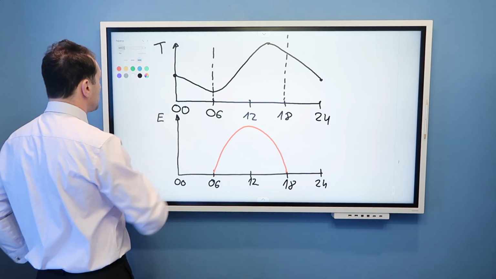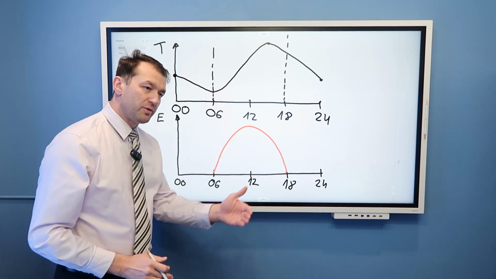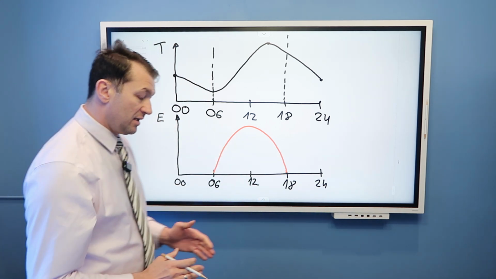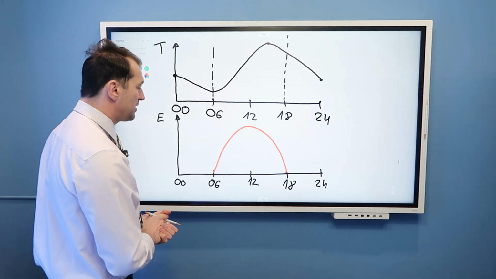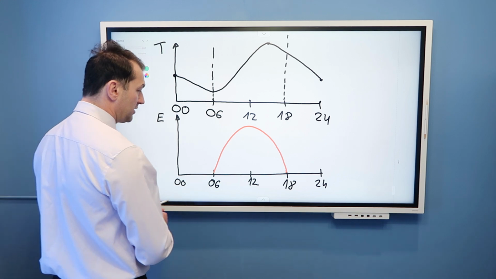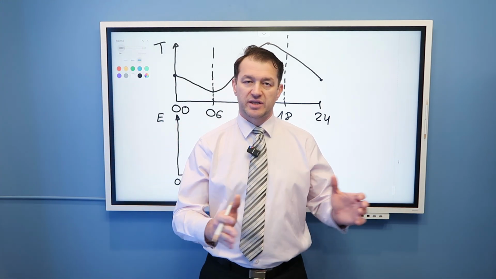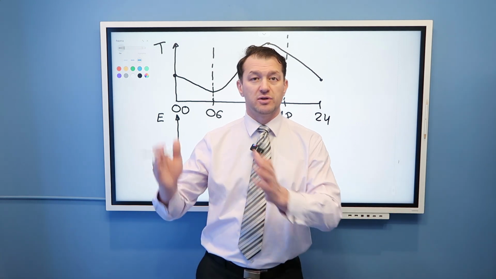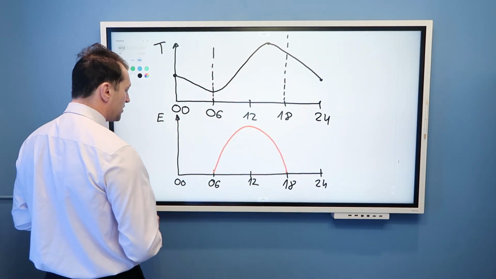Now the next question is, this energy is absorbed by the Earth's surface, and the Earth's surface is radiating energy upwards in the long wavelength spectrum. Please check my videos on radiation to understand what is short wave energy, what is long wave energy in terms of radiation.